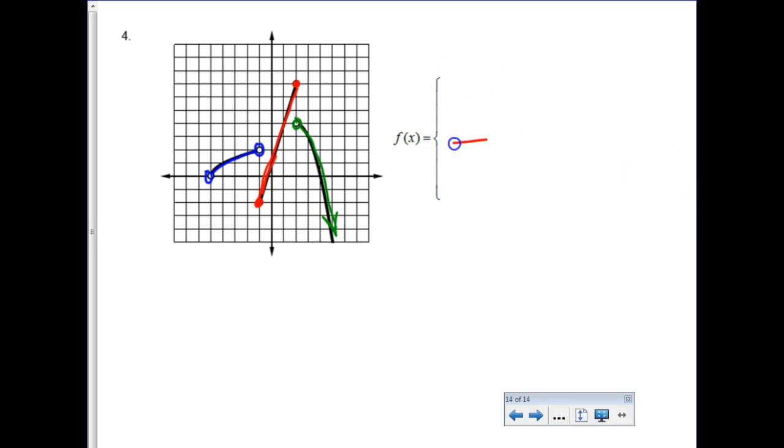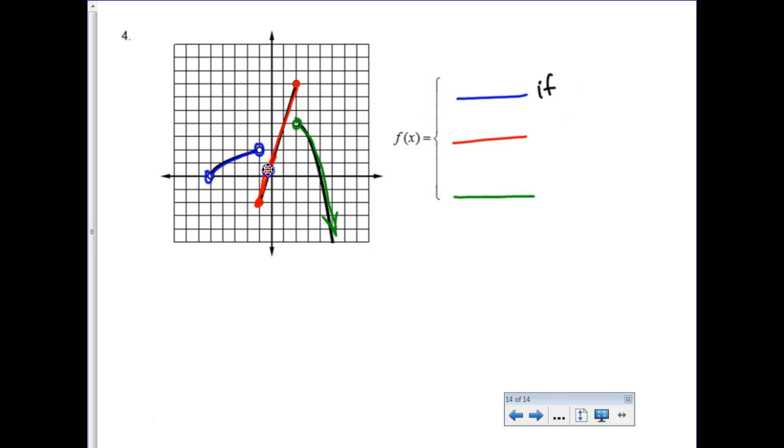I promise you guys, the only types of functions that I'm going to give you are linear, constant, quadratic, and square root. So that first piece, everyone was kind of like, what the heck is that? It's supposed to be a square root graph.